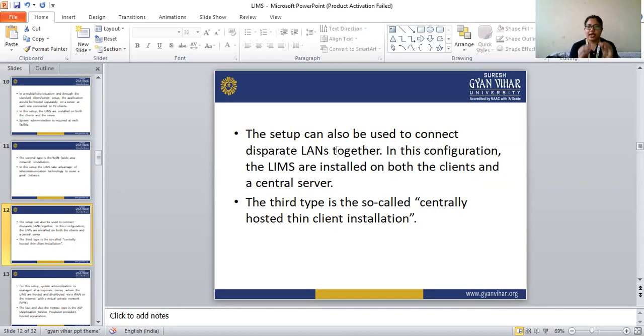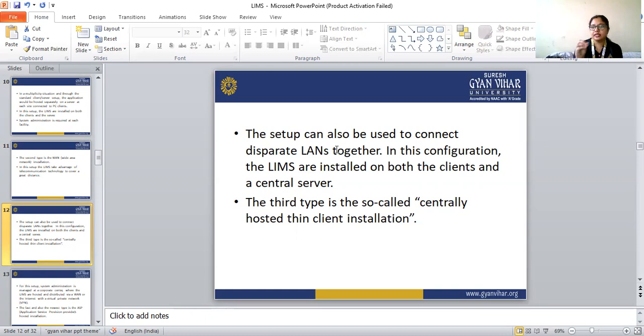So LIMS are installed in the client PC as well as the central server. In this WAN system, we use telecommunication technology to cover great distances, as well as to connect the LANs together.